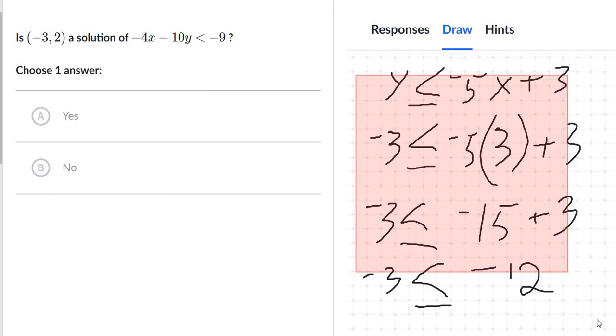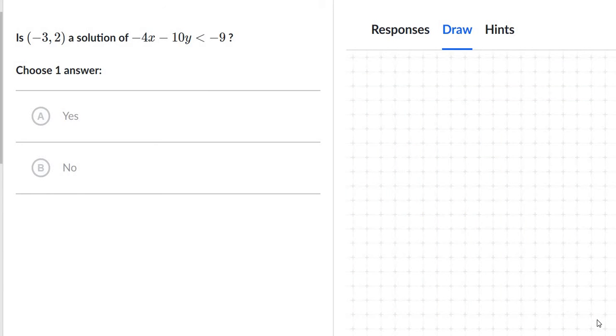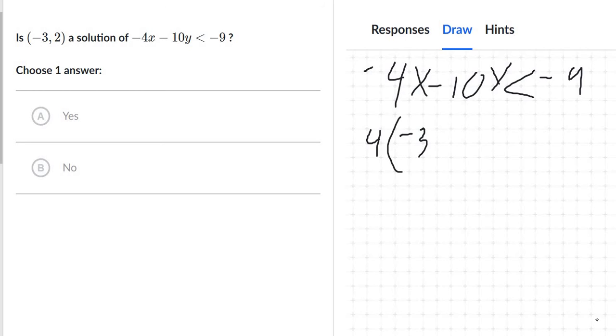Okay. Again. Going again, careful not to mix up. X is negative 3. Y is 2.